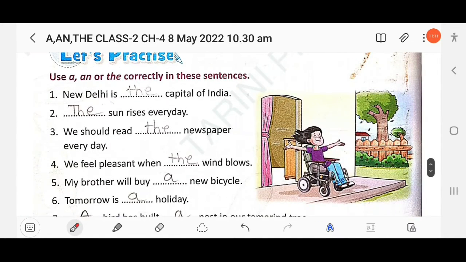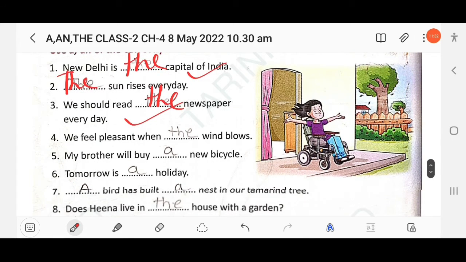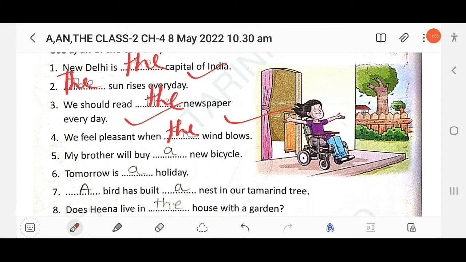So here, use a or an or the correctly in these sentences. New Delhi is the capital. Then next, the sun. So here, as this is a natural object, the sun rises every day. Then next, we should read the newspaper every day. Then next, we feel pleasant when the wind blows.